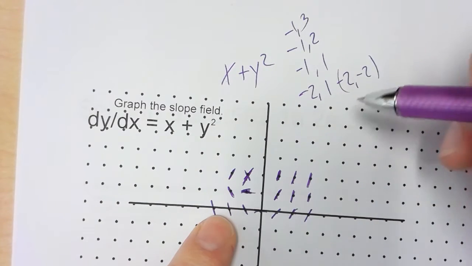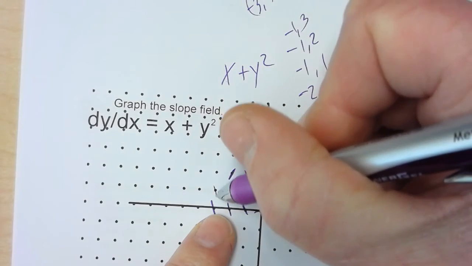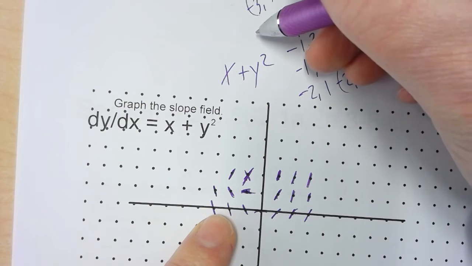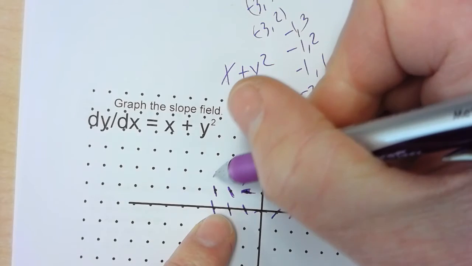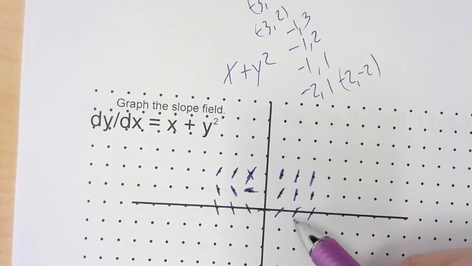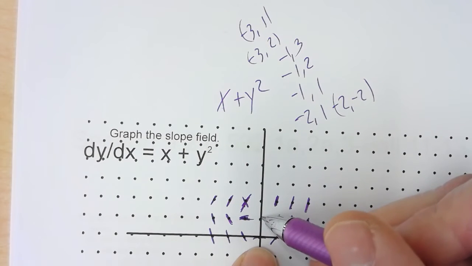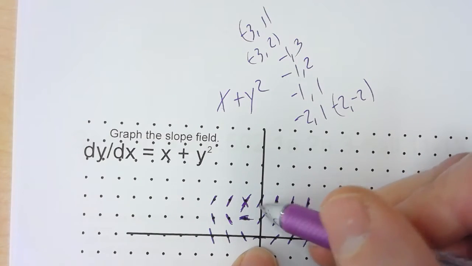Negative 3, 1. Negative 3, comma 1 would be negative 2. Negative 3, 2 would be 1. So there kind of is. Oh, we didn't do 0, 1 would be 1. 0, 2 would be 4. Okay, so there it is right there, and then you just kind of fill these in too.